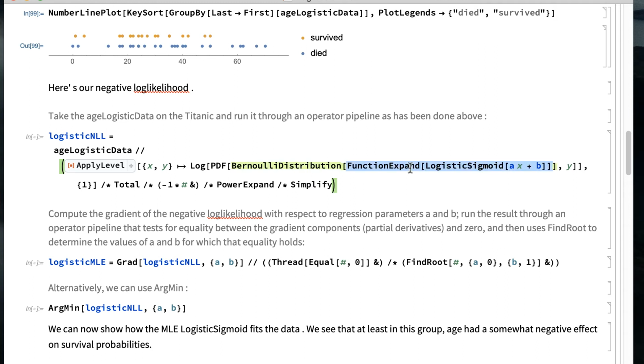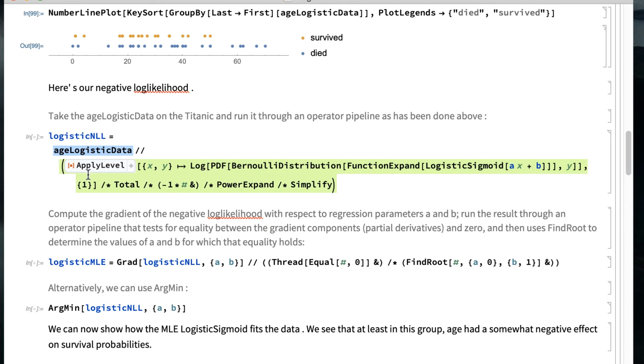Function expand, you don't really need that here, but I'm going to include it. We're going to then take the Bernoulli distribution of this logistic sigmoid. We're going to then take the PDF of the output of that Bernoulli distribution, and then we're going to take the log of it. We're going to apply this to all of our data.